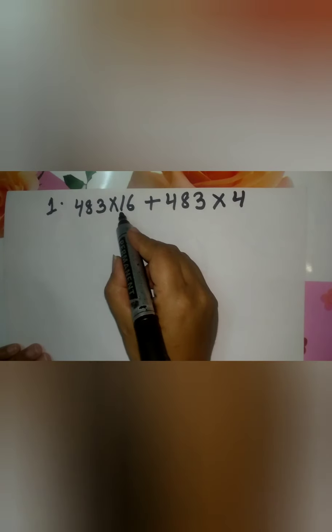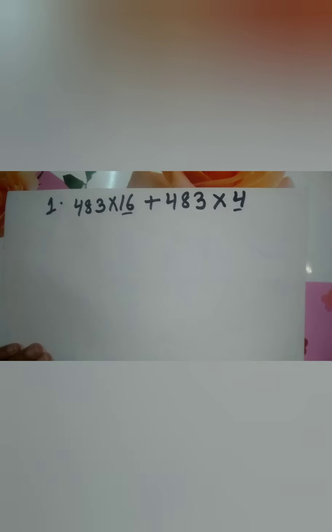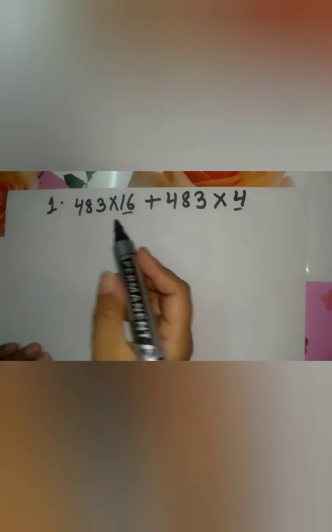Just see, is multiplying with 16 and 4 separately easy, or multiplying them together? 16 plus 4 will become 20. So fighting with 20 will be easy for us.